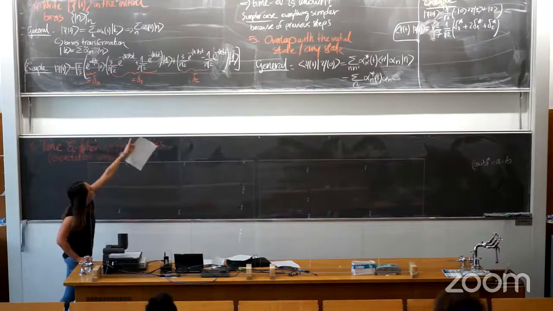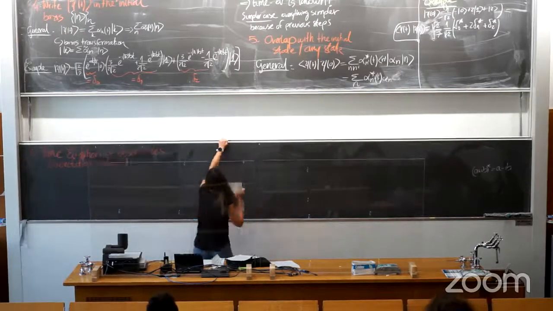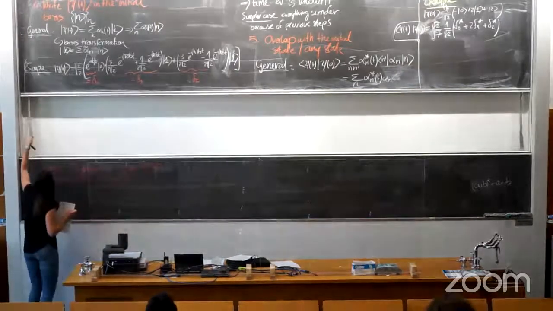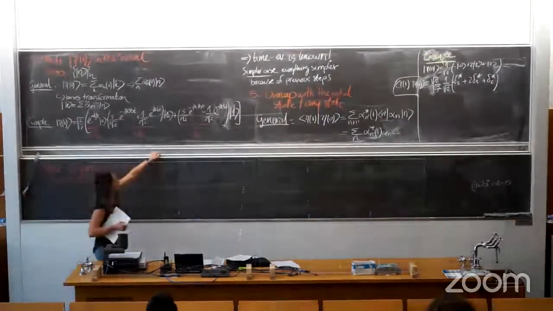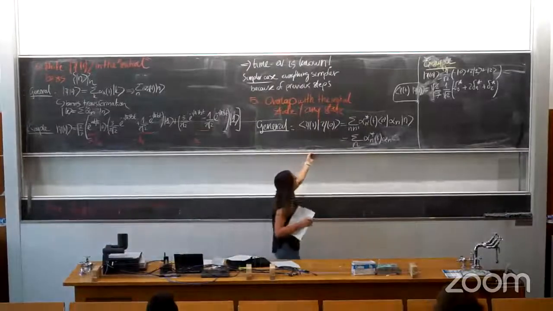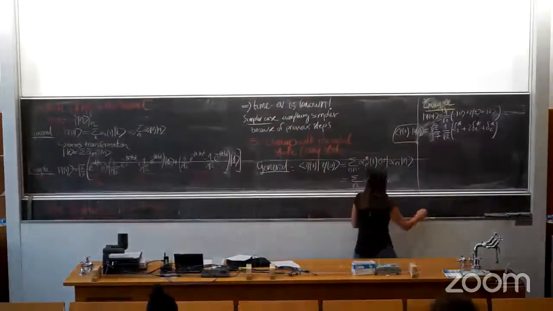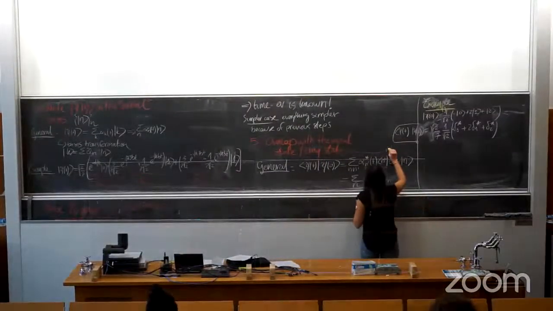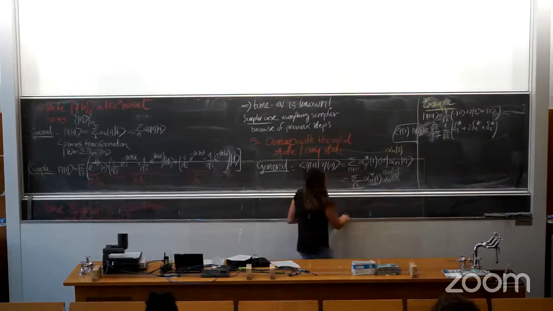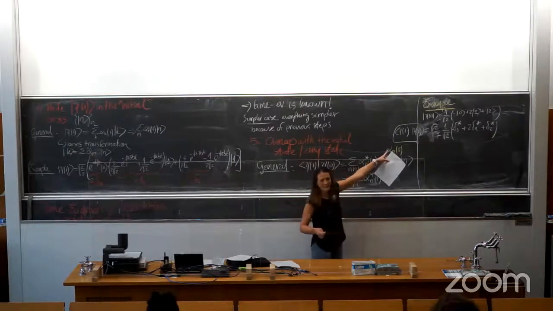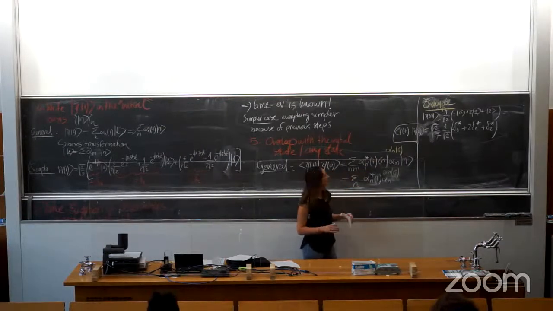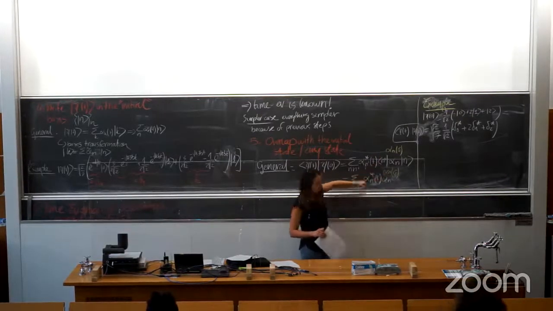Here we could write alpha_n of 0, but you usually never write it like that. That's why I put it. So don't be confused if you see alpha_n of t or something like this. Thank you.